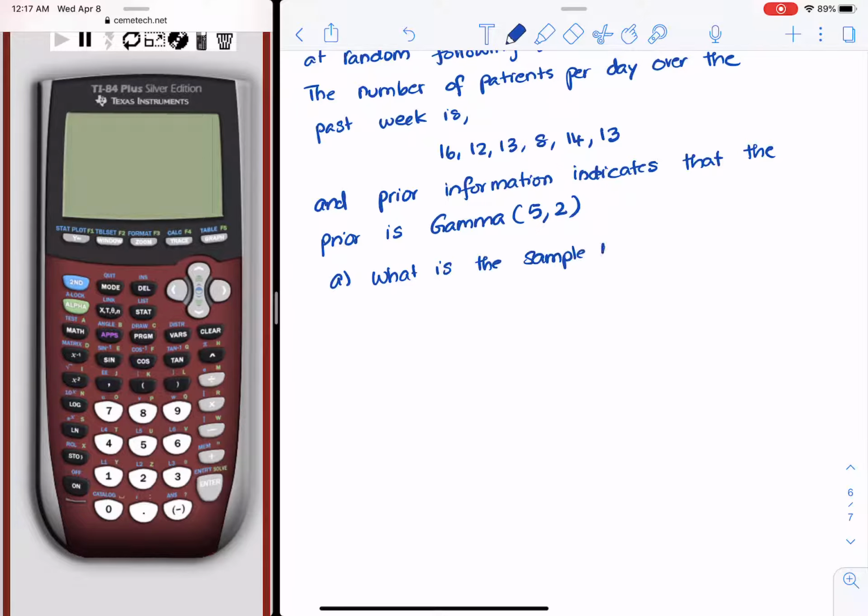So we want to find the sample mean. What is the posterior distribution?